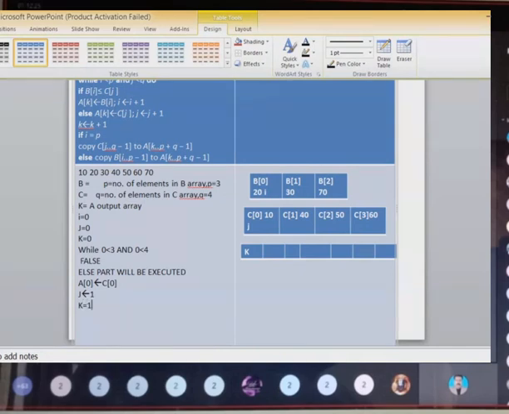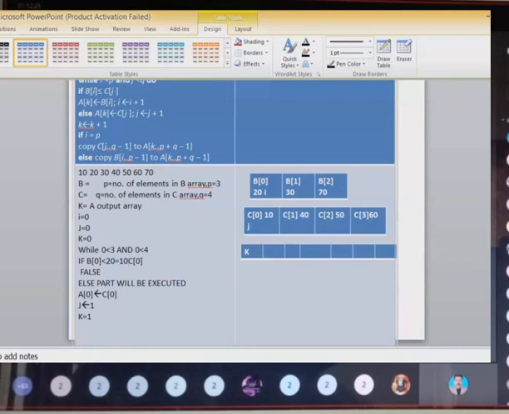Now the condition, I deleted this if statement. So the if statement is B of 0 less than or equivalent to C of 0. B of 0 is 20, and this is 10. Now condition not satisfied. The else part will be executed, right? Now assign C of 0 to A of 0.